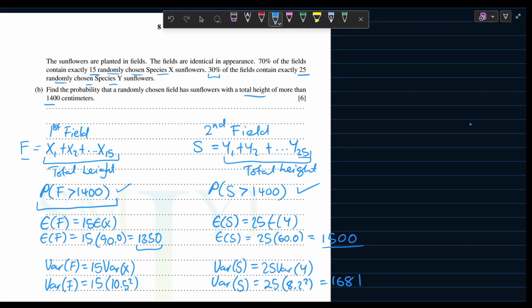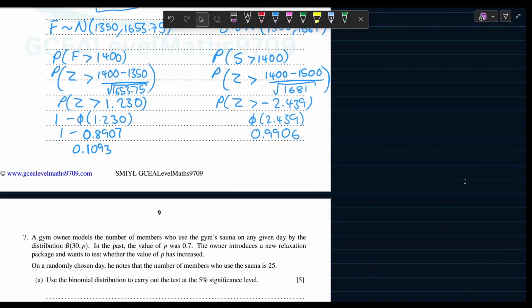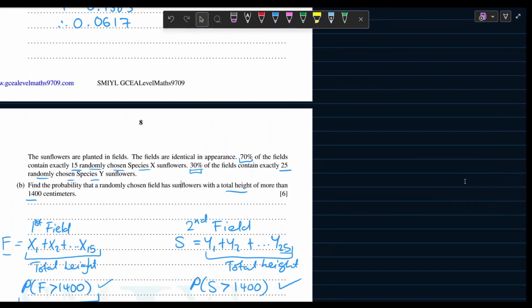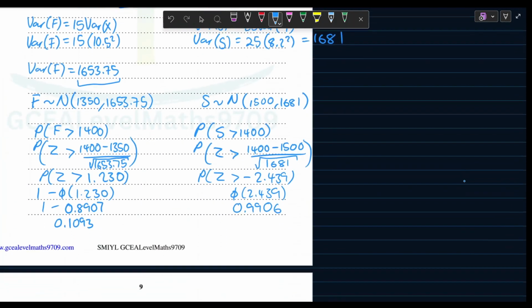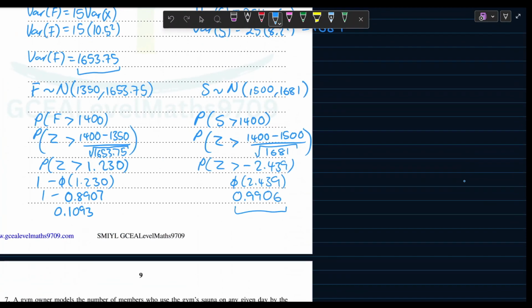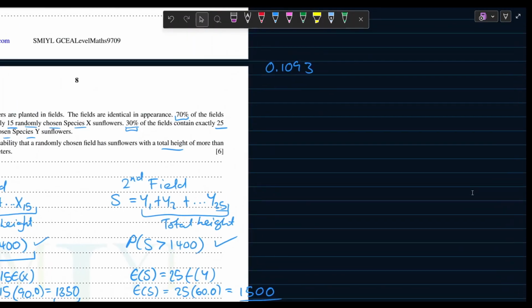But now we also have to factor in that we only have 70% of the first type of field, and we've got 30% of the second type of field. So we need to multiply each probability by the probability of picking each field. For the first type of field, the probability that its total height is greater than 1400 is 0.1093, and for the second type it is 0.9906.